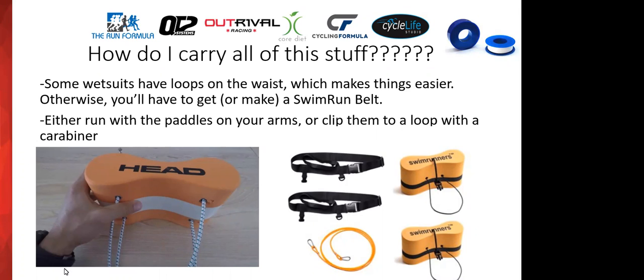Something I would recommend, I don't just randomly have pictures of plumber's tape on this slide for no reason. The pictures are there for a reason, because this is an example of something that could work well in terms of protecting your buoy. So you see this buoy right here. Let's imagine instead of running the shock cord through the sides of it, they wanted to run a cable or cords or a bike tube through the middle of it.